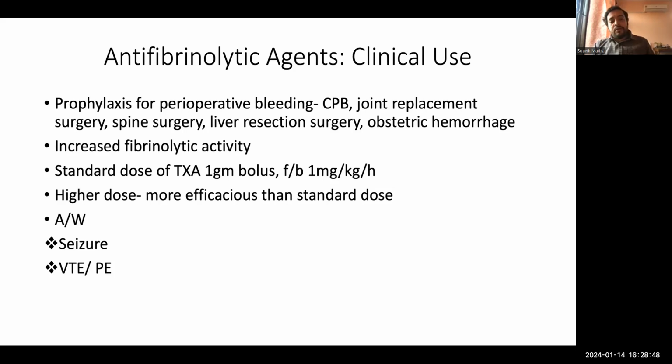Most of the studies have found that the incidence of VTE and PE is not much increased with the standard dose of tranexamic acid in the clinical scenarios where it has been found to be beneficial. So this is not a real-life concern, but seizure, yes, may be an important concern, particularly where a higher dose of tranexamic acid is used and in patients with renal dysfunction, because tranexamic acid is primarily excreted by the kidney in the urine.